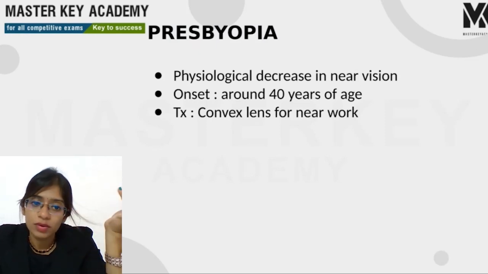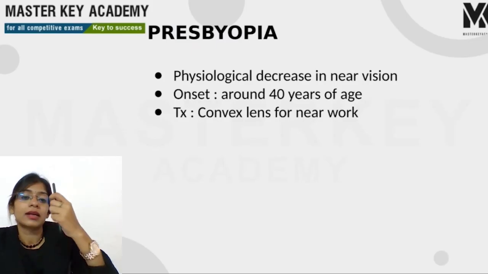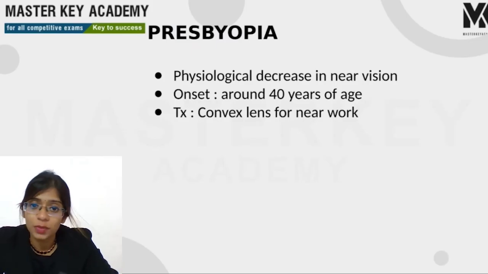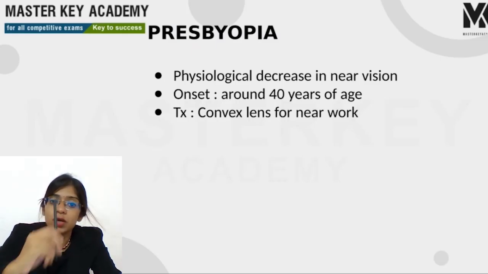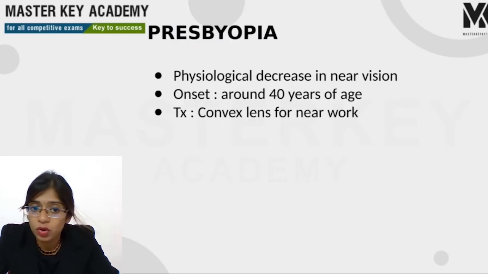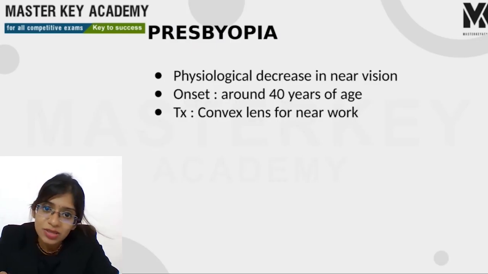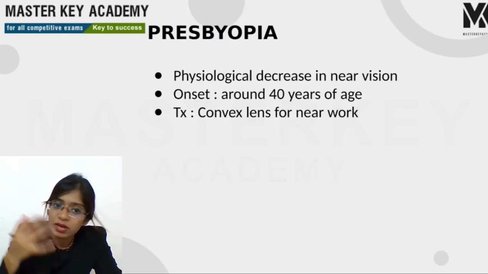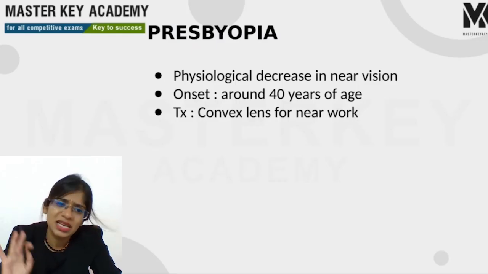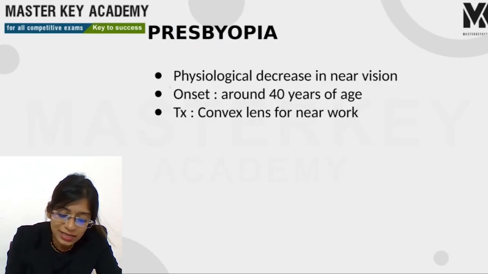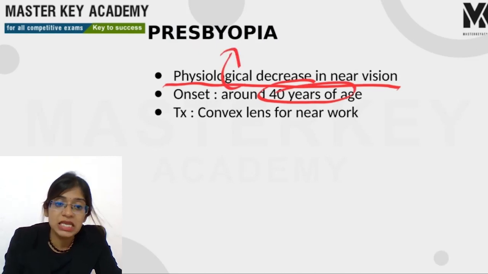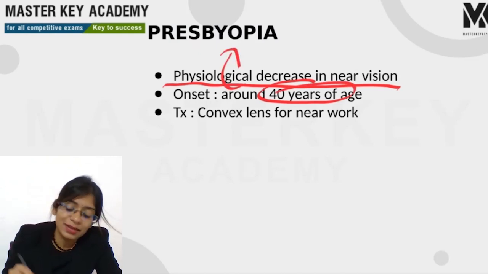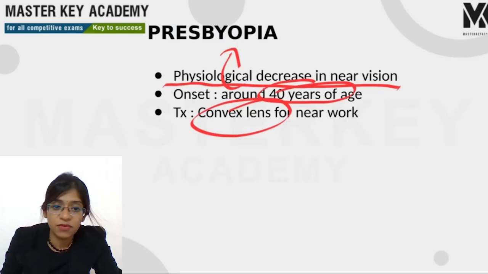As age progresses, it becomes difficult to see nearby things. By about 40 years of age, the person will have difficulty in seeing nearby objects, and accommodative power keeps decreasing as age progresses. This is a physiological decrease, not a refractive error. Normally it happens in everybody. It starts around 40 years of age and is called presbyopia. For treatment, we give a convex lens for near work.